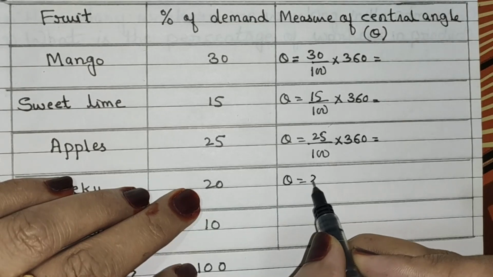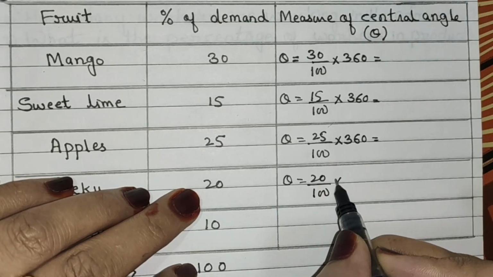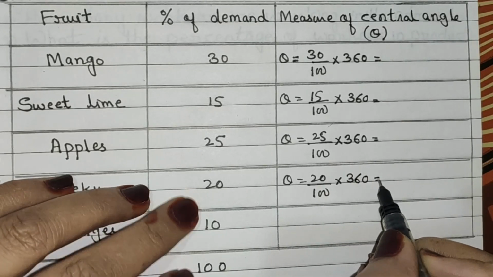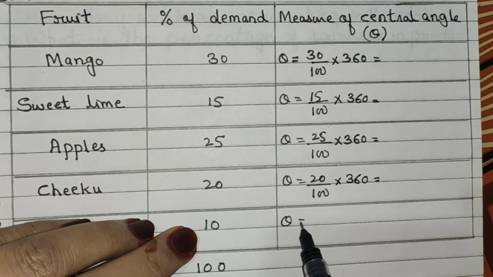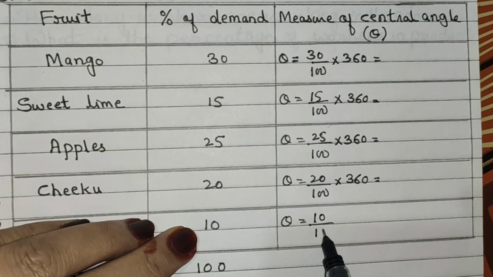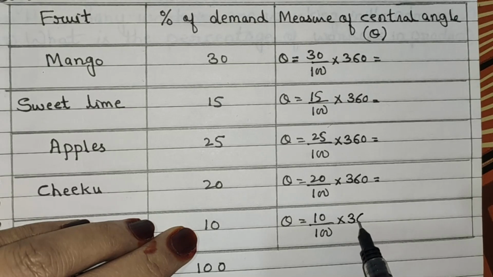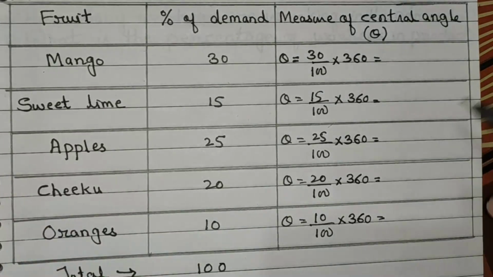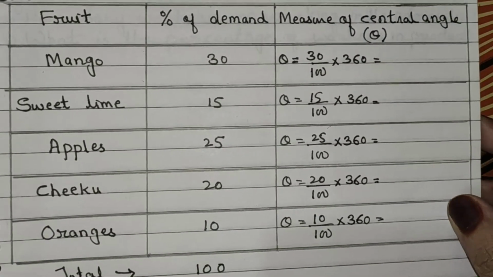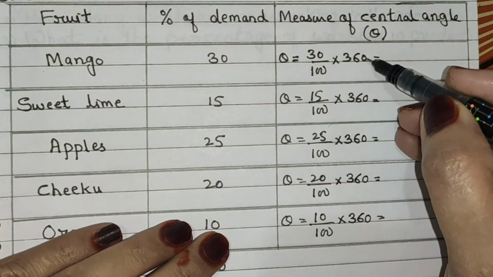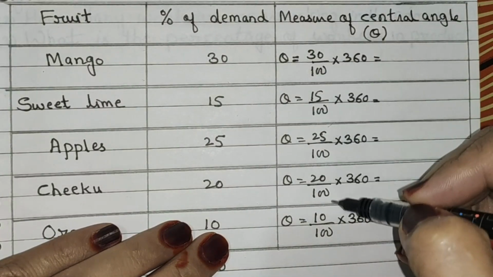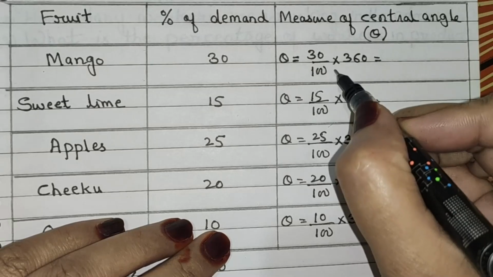Next one 20 upon 100 multiplied by 360. Next one 10 upon 100 multiplied by 360. Now look at the equations here. All the equations contain 360 in numerator and 100 in denominator. Now first solve it.